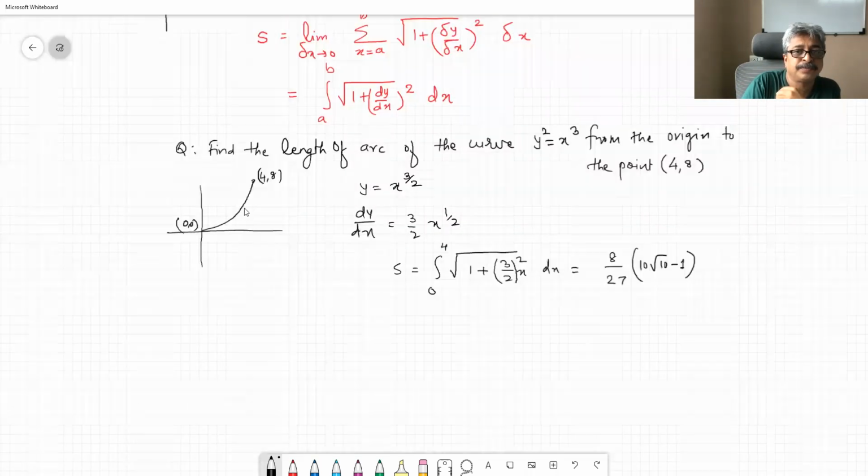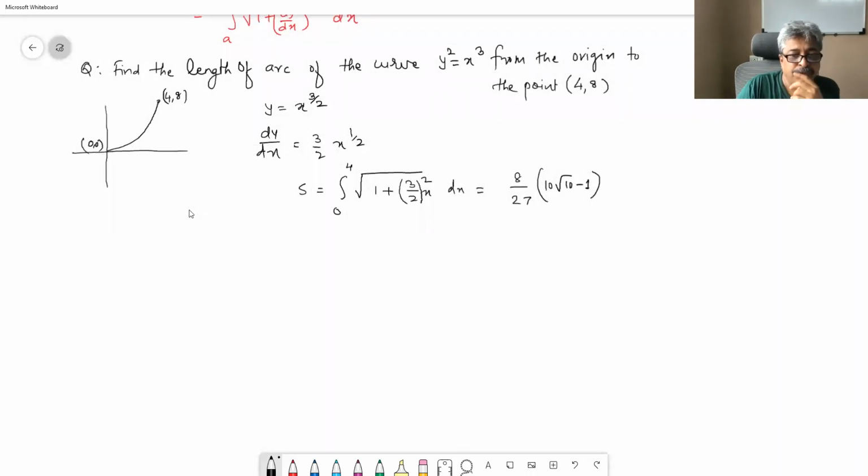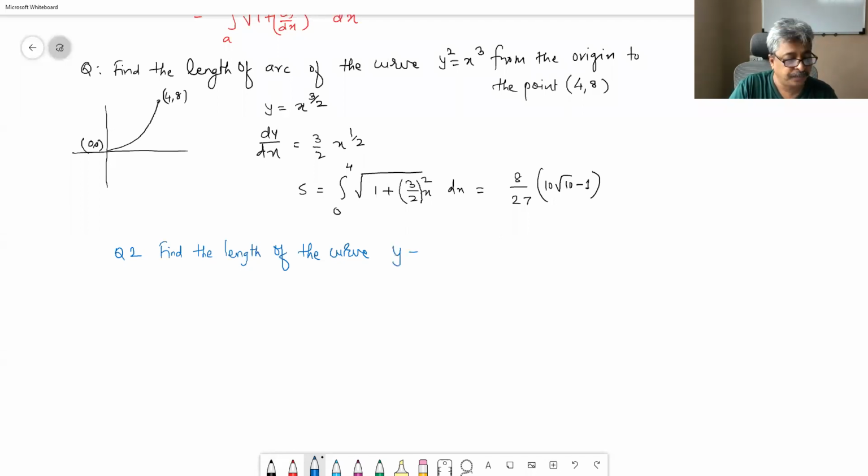Next problem. Question 2. Find the length of the curve y is equal to log of (e raised to x minus 1) upon (e raised to x plus 1) from x is equal to 1 to x is equal to 2.